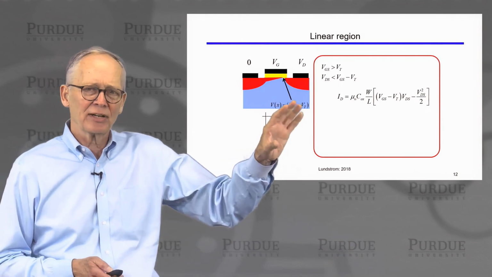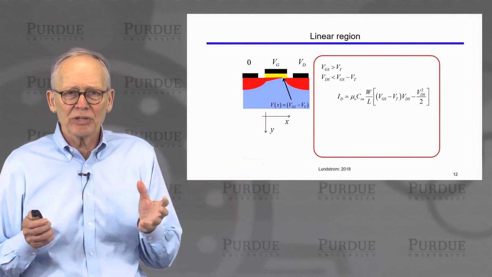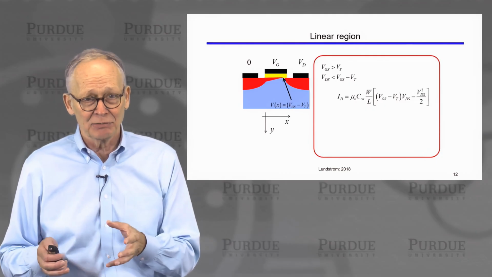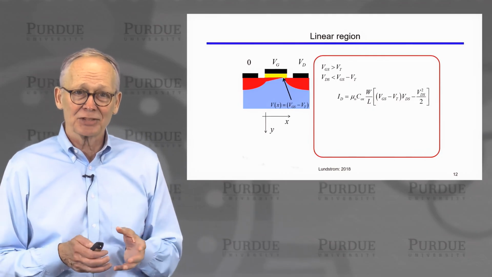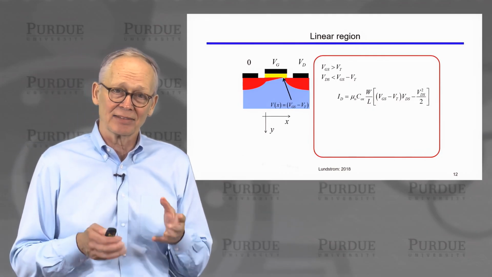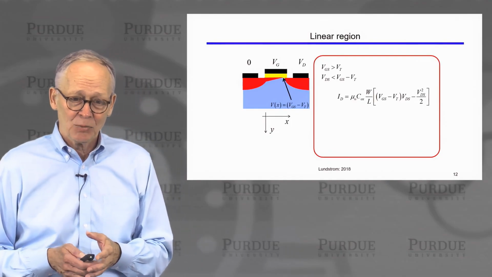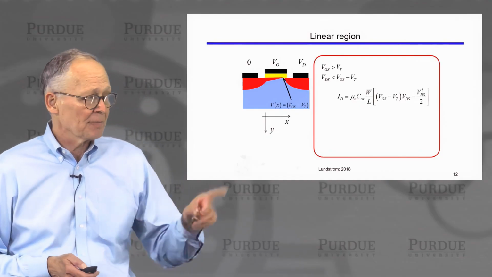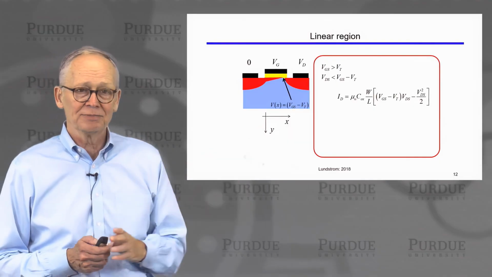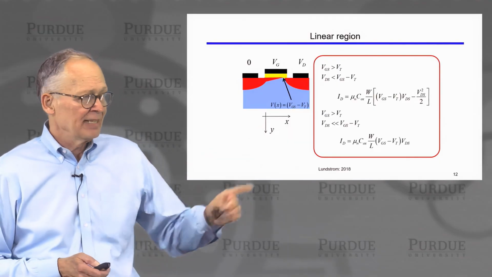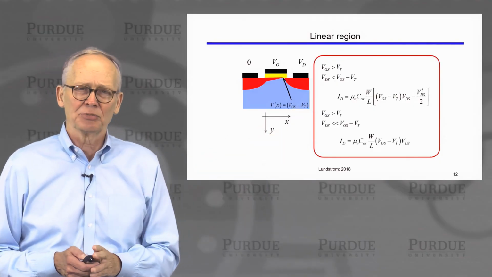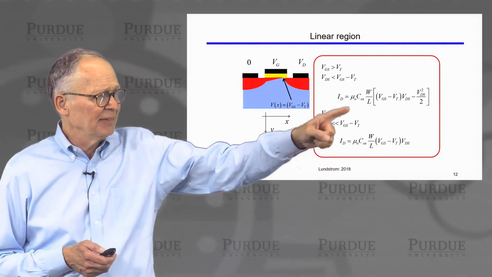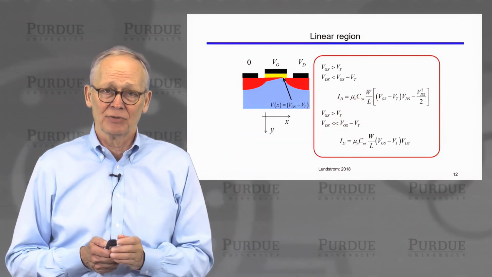If I look a little more carefully at the linear regime, where is the linear regime? I've mentioned triode regime. I haven't said anything about linear regime. In the previous lecture, we derived the IV characteristics in the linear regime. Well, linear regime just means very small drain to source voltage. If I look at this expression for the triode regime, and if I make the drain to source voltage small, let's say 1/10 of a volt between the drain and the source, then VDS squared is 1/100 of a volt.